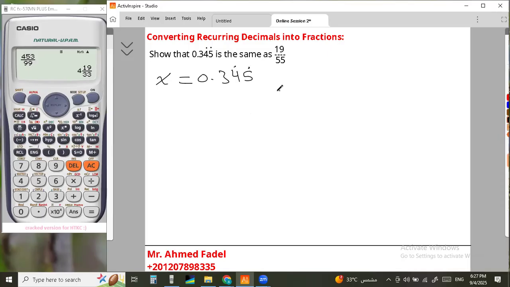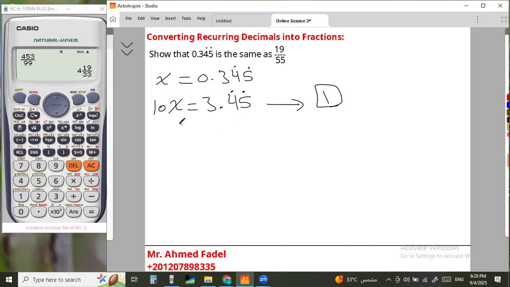First step, isolate the non-recurring section. Is that non-recurring part isolated? Is it on the left side of the decimal? No, it is not. So I need to multiply by 10. So it will be 10x equals 3.45 with dot notations above the 4 and the 5, and we're going to call it 1.